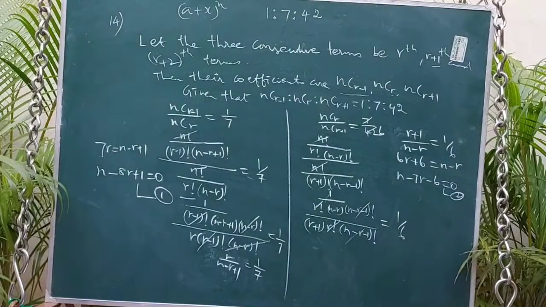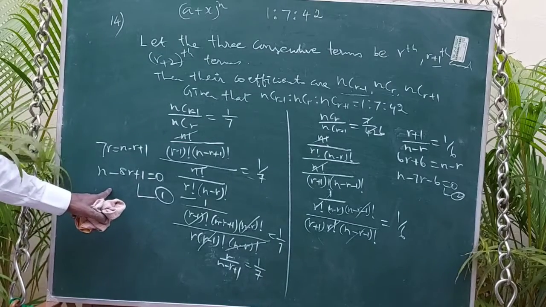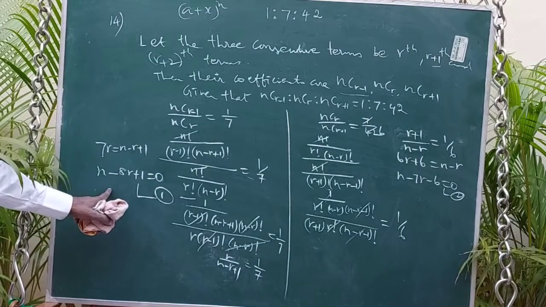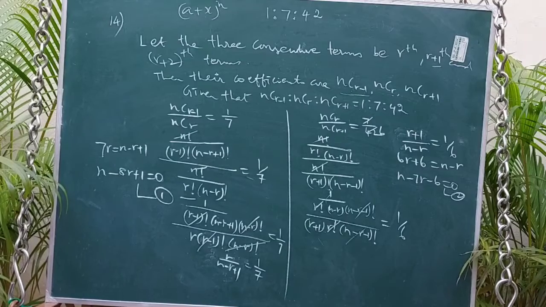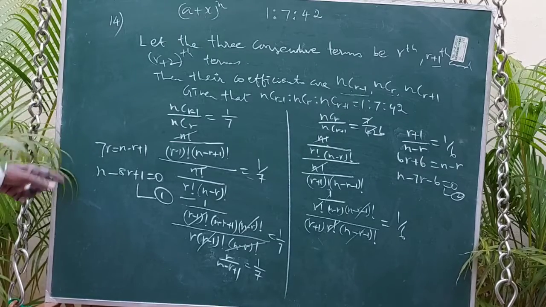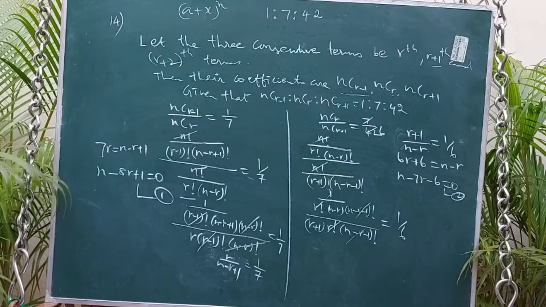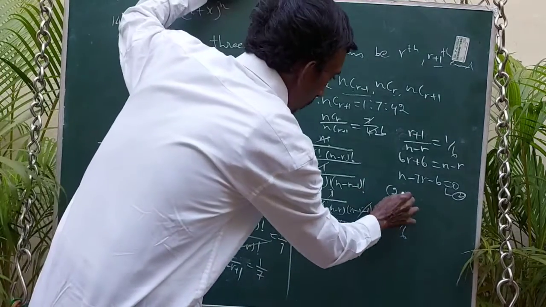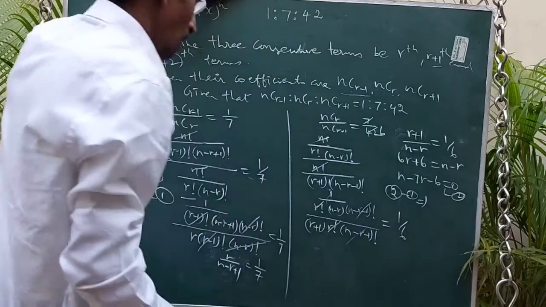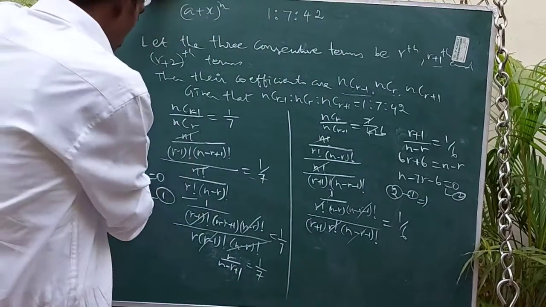If we solve equation 1 and 2, already we have n minus 8r plus 1 equal to 0. Now we are getting n minus 7r minus 6 equal to 0. If we solve both the equations, suppose if we subtract the first one from the second one, 2 minus 1 implies, what we are getting?